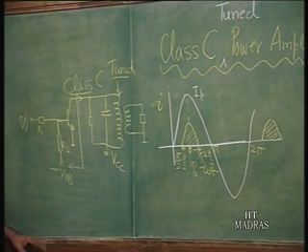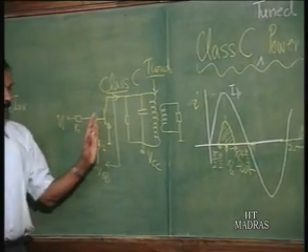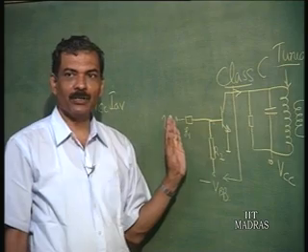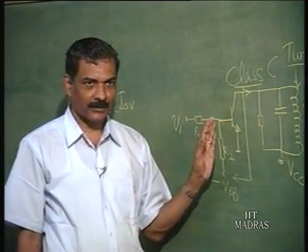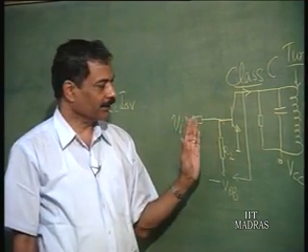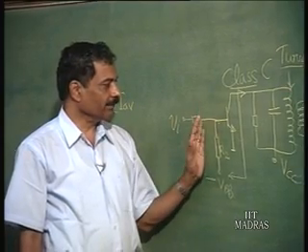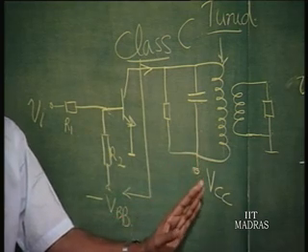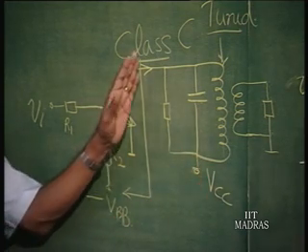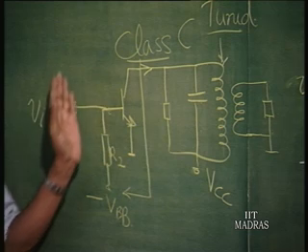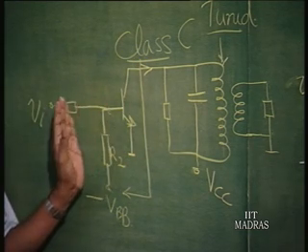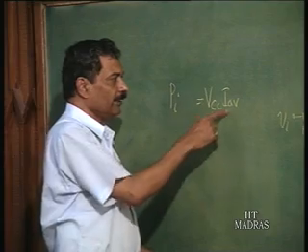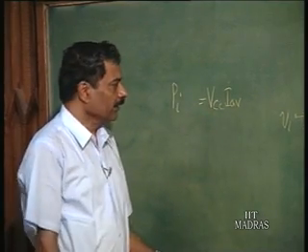We are of course neglecting the effect of the input to the transistor itself, because when transistor conducts, there is certain amount of power inputted to the transistor, that is not taken into consideration here, because we are assuming that the most of the power input comes from this supply. That is justified because the current of operation is much higher, beta times higher than the current of operation here. So, this is negligible. So, VCC into I average is going to be the input power.